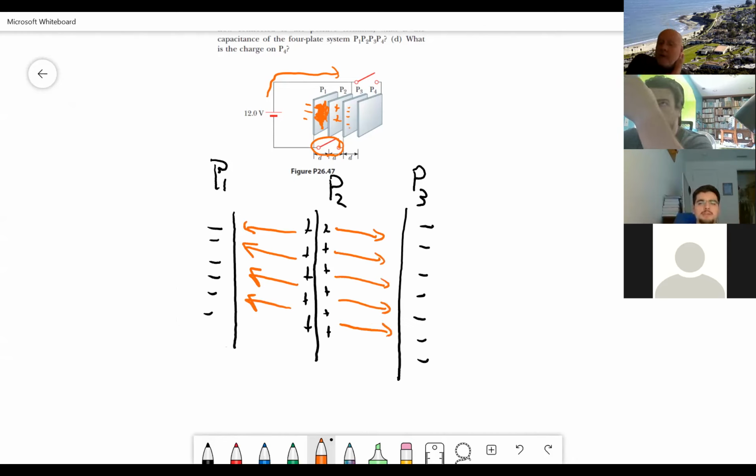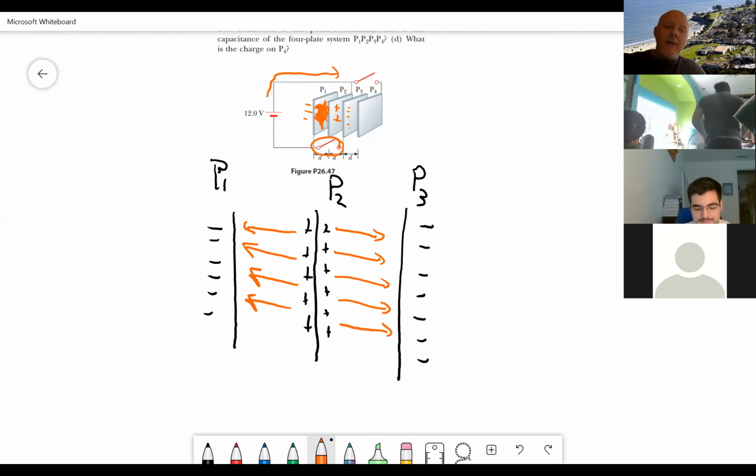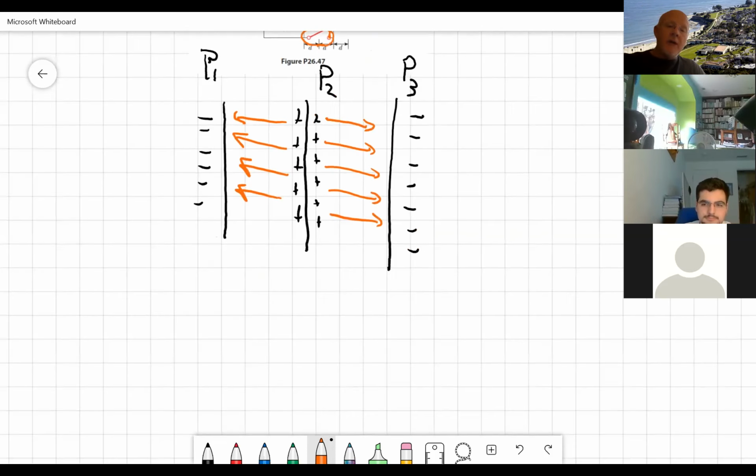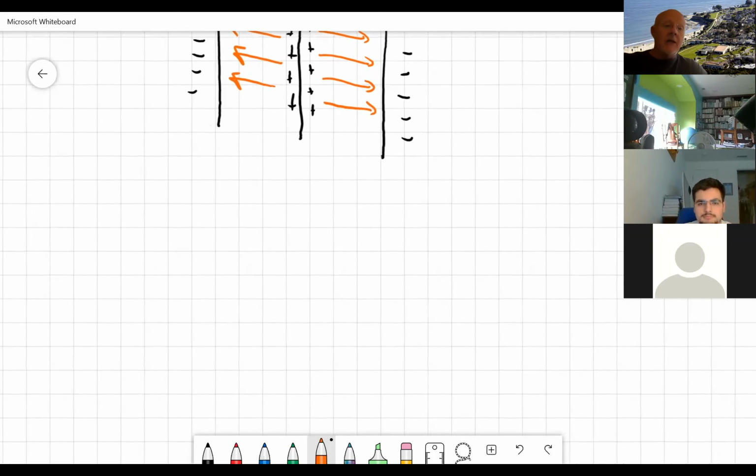So is P3 not going to have any effect on the field towards P1? Correct. And that's what makes the problem both challenging and doable, that you could view this to look something like this.